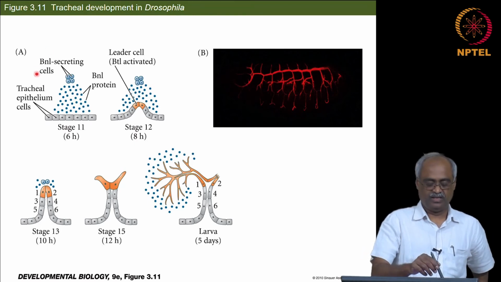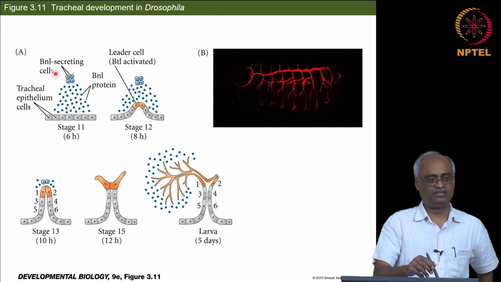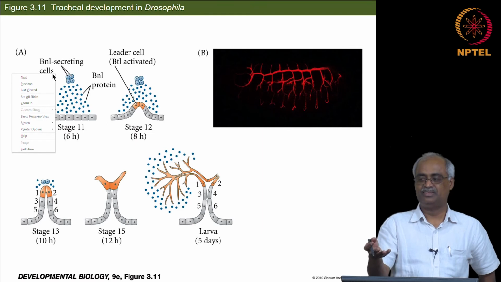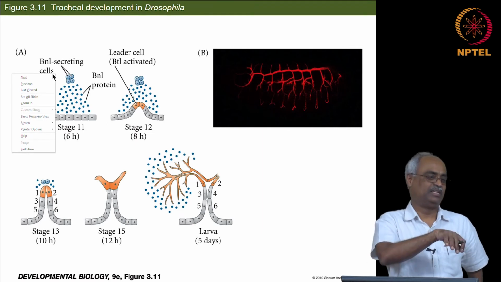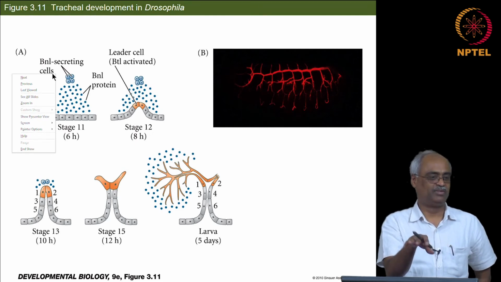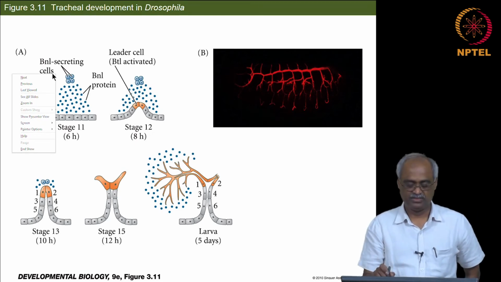This branchless, okay, meaning the mutant does not make branches. Therefore, the gene is called branchless. So, the wild type is required for branch formation. That is how genes are usually named.